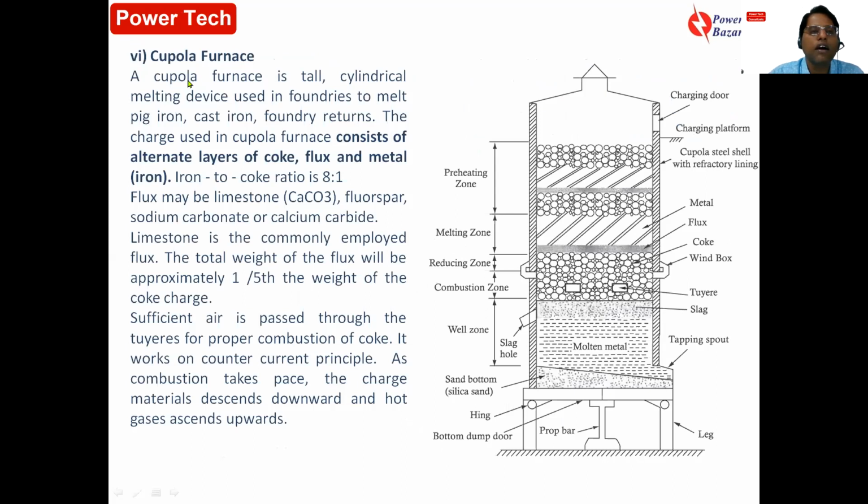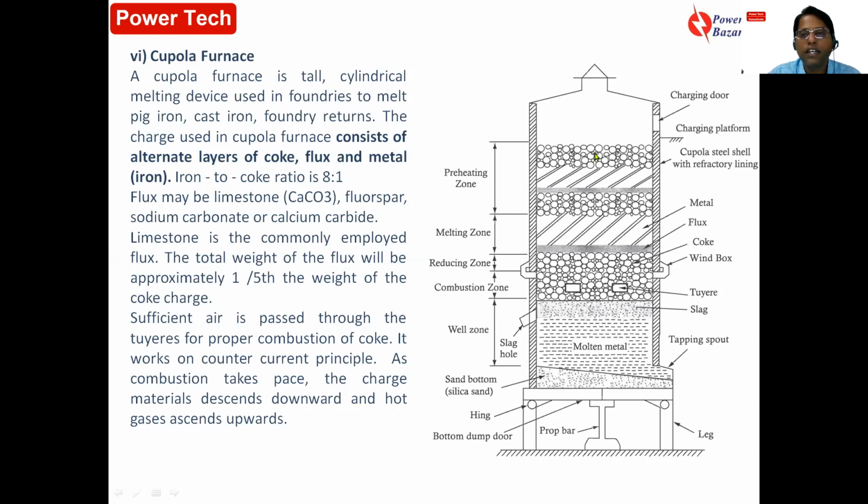Now the sixth one is Cupola Furnace. In this furnace, what happens? This is basically a cylindrical type of furnace. Now this furnace is mainly utilized in foundries to melt pig iron, cast iron, and foundry returns. Now the charge used in the cupola furnace basically consists of alternate layers of coke, flux, and metal iron.